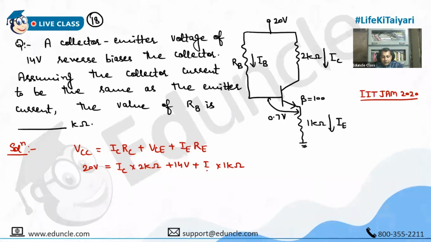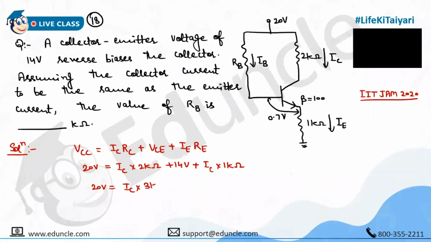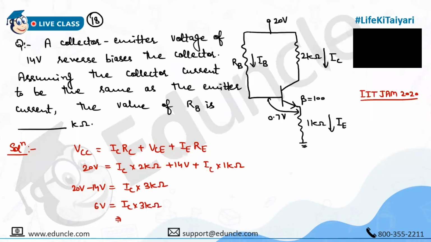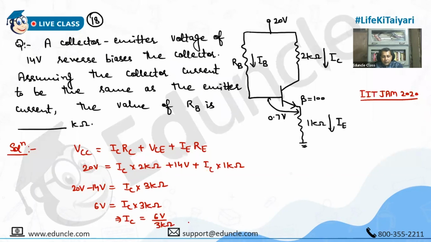Can I call this as IC? Sir, 864 kilo ohm. Yes, yes. 6 volt, IC equal IC into 3. So IC will be 6 volt by 3 kilo ohm, 2 milliampere.